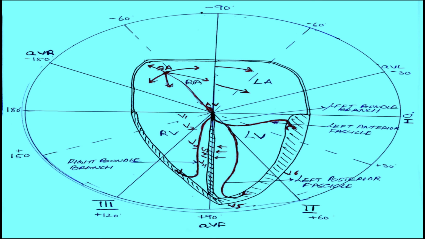So there is a right axis deviation. Again, the conduction is occurring intra-chamber, within the same chamber. So the QRS is not broad, it is less than 3 small squares. So left posterior fascicular block, there is right axis deviation, QRS is of normal duration, less than 3 small squares, 0.12 seconds, it is less than that.